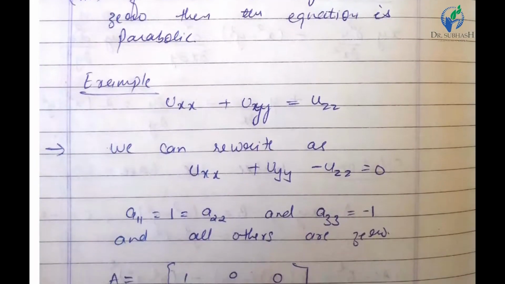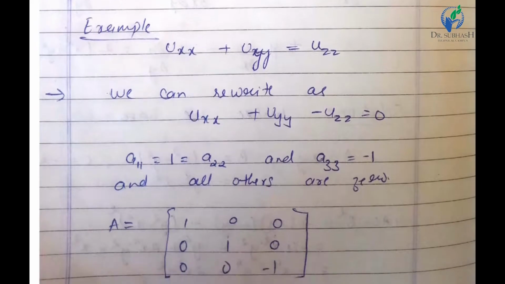We will see one example. uxx plus uyy equal to uzz. We can rewrite this equation as uxx plus uyy minus uzz equal to 0. Now we have to convert this into matrix form, for which we need all the values such as a11, a12 up to a33.